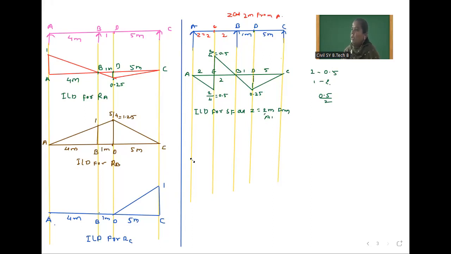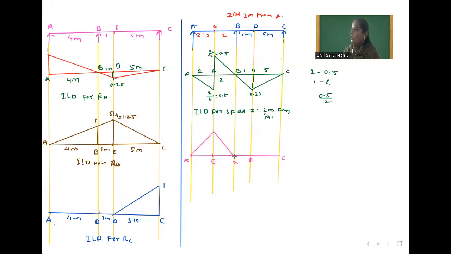Okay, so in the same way, first we will draw the baseline here, then we will mark points here. First you have to draw for the simply supported beam, and then you have to make the remaining span rigid. So this is B, this is D and C. As per the simply supported beam, for A to B the value will be there.